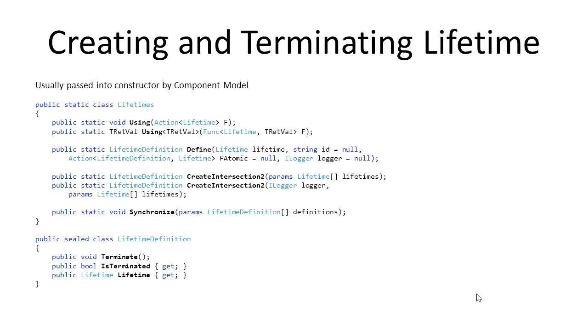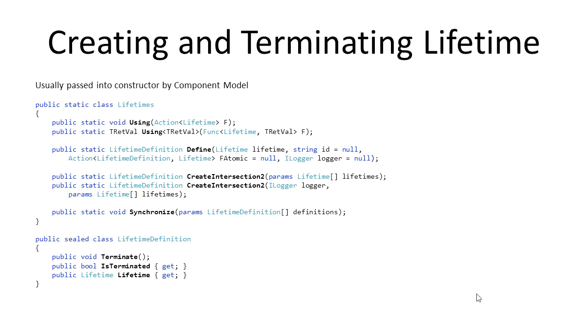The usual way you'd call it is by using define. Define takes in a parent lifetime. It also takes in an ID for debugging purposes, and the atomic method is called immediately, passing in the newly created definition of a lifetime. This returns back a lifetime definition object, which you can see at the bottom of the screen.